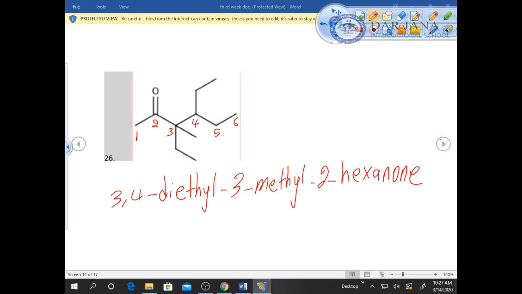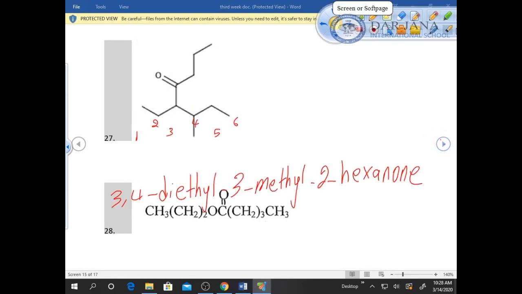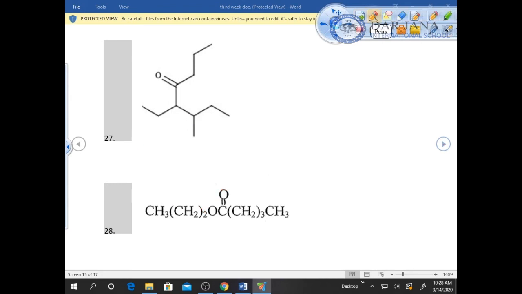Moving to question number 27. So I will start from this carbon 1, 2, 3, 4, 5, 6, 7, and 8.